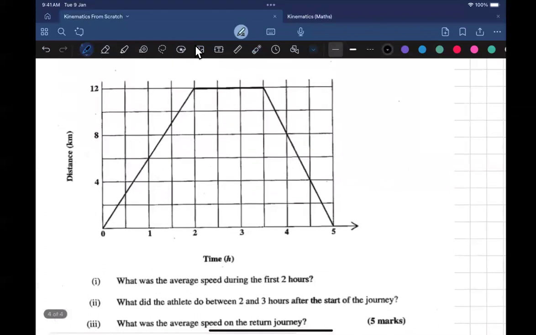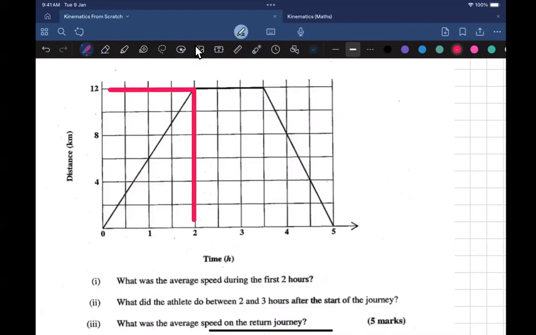If you look at the graph, we have 12 and 2, right?